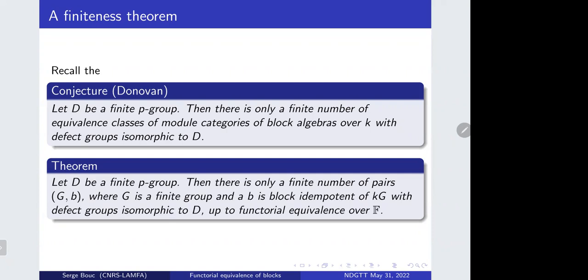This finite number is only up to functorial equivalence over F. And so it's a way of stating Donovan's conjecture in the framework of this functorial equivalence.